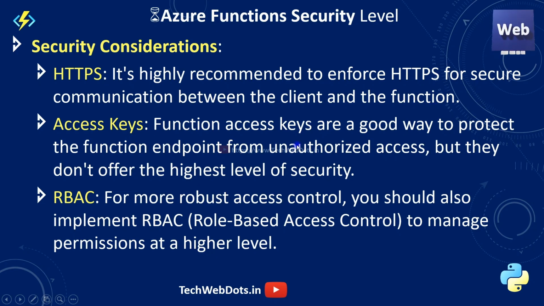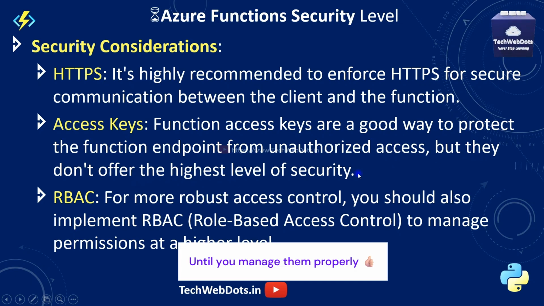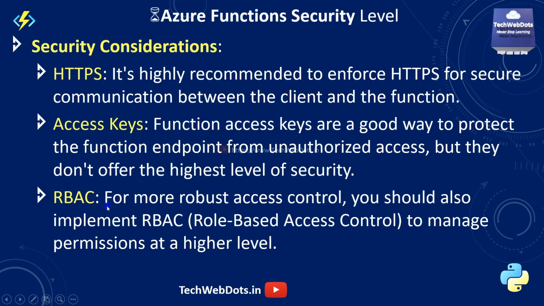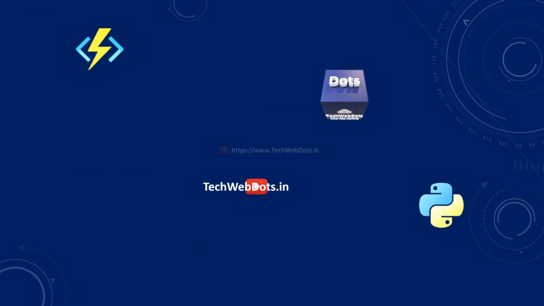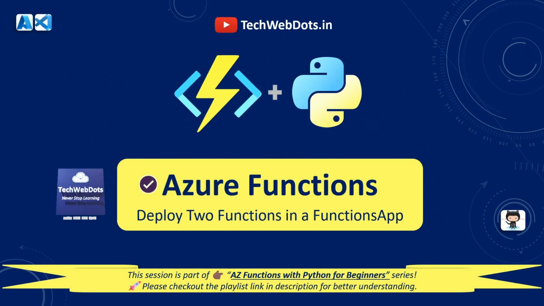Second, access keys, which we already discussed, are a good way to protect the function endpoint from unauthorized access, but they don't offer the highest level of security. The third one, RBAC. For more robust access control, you should also implement RBAC, role-based access control, to manage the permissions at a higher level. Okay, so I hope all the concepts of access keys and the differences are clear now.